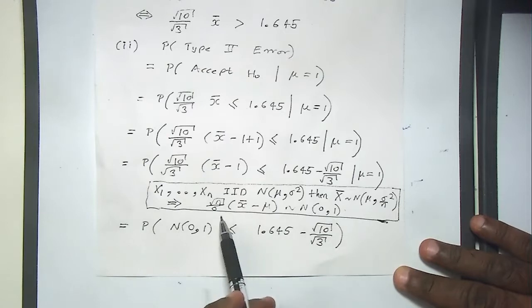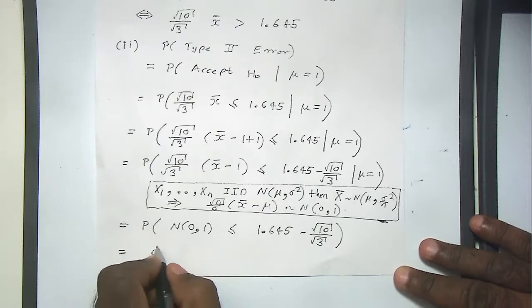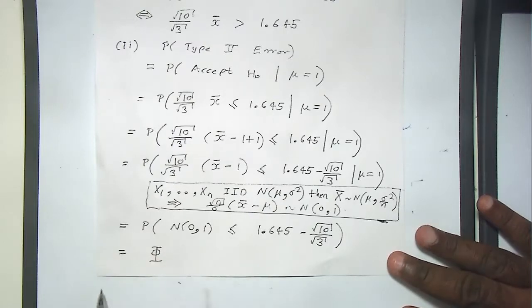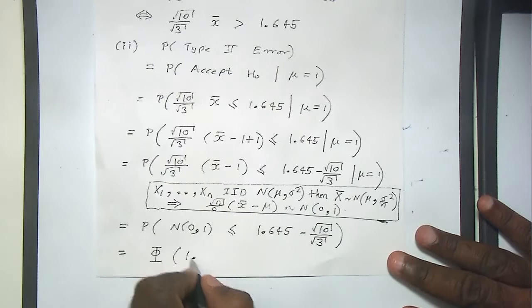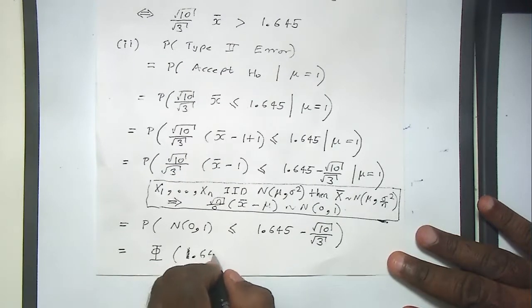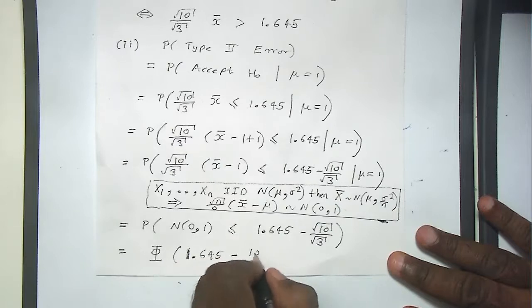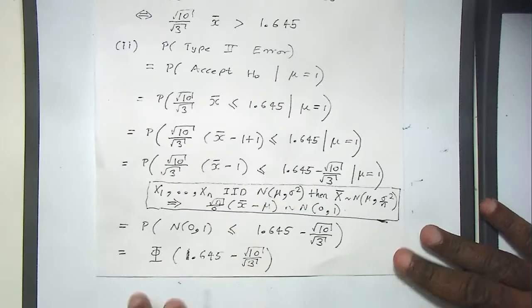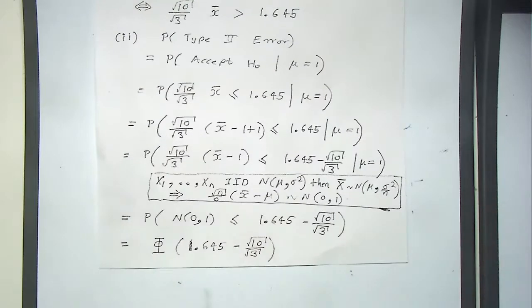That this property, that root of n by sigma times this is standard normal. So what you have is Phi, capital Phi is the CDF, standard normal. Okay. Alright, so that's part 2, guys. Are you okay with this or not? So this is the answer to part 2. Now part 3.